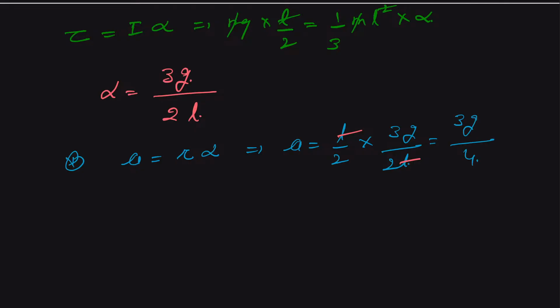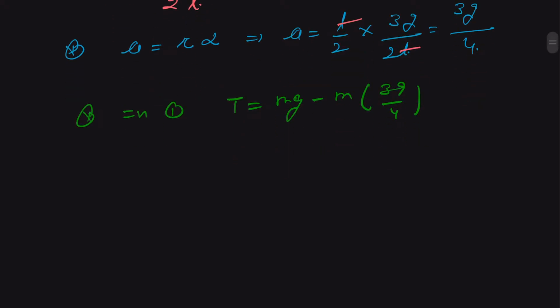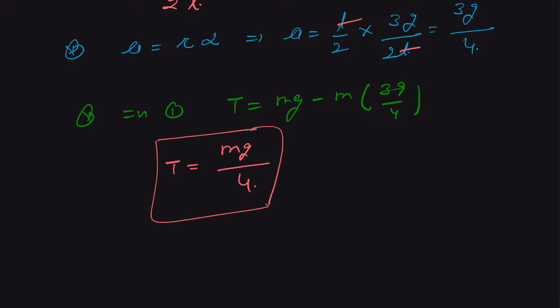Now we can easily find our tension using equation 1. From equation 1, tension was equal to mg minus ma, and a is 3g upon 4. So we get that the tension T will be equal to mg upon 4. That was the question. Next question.